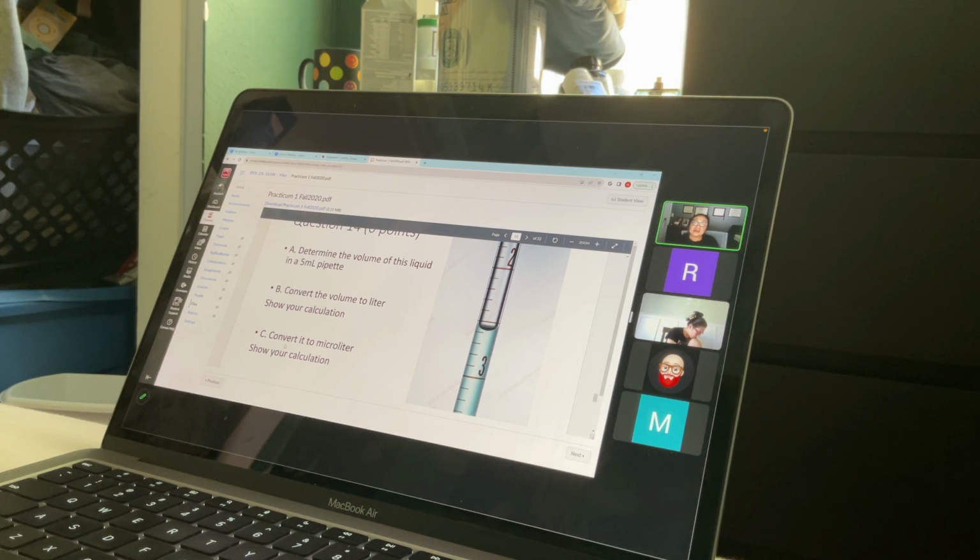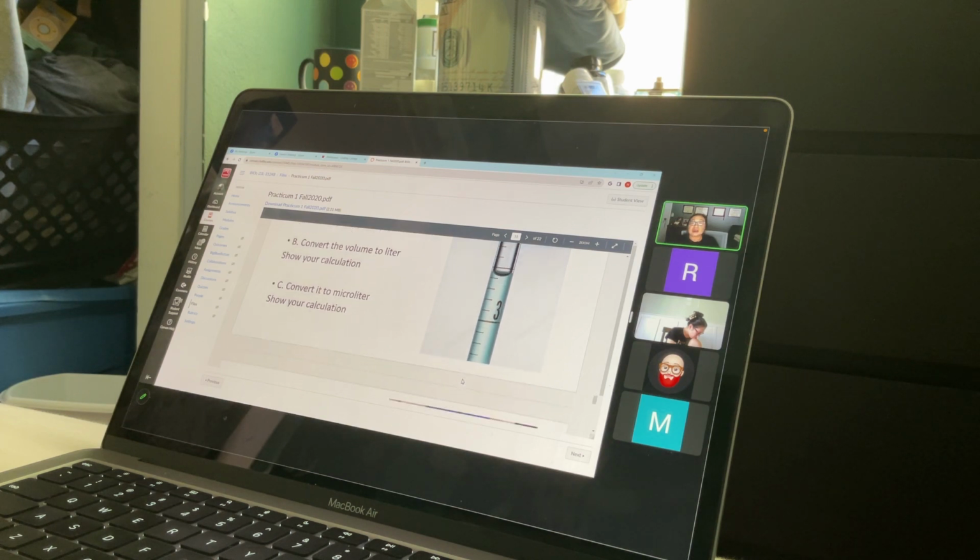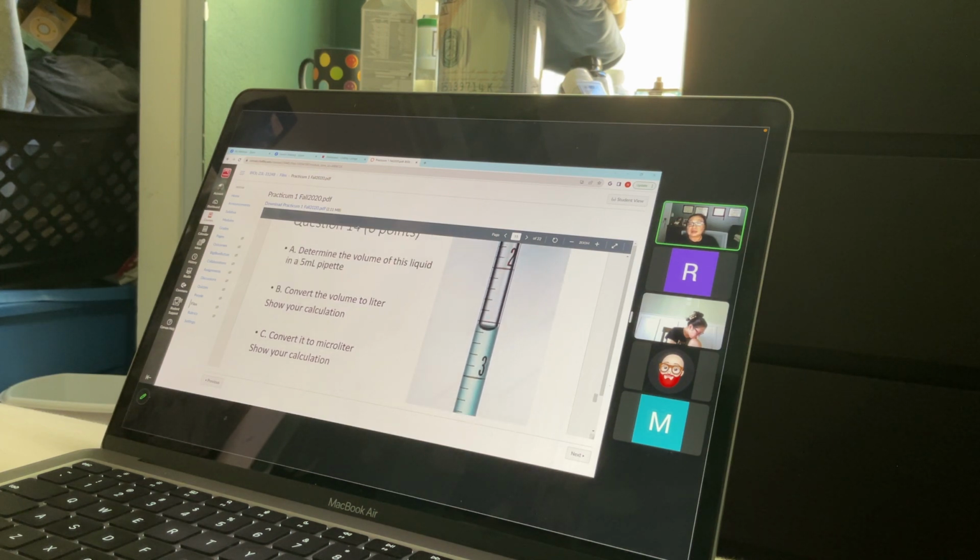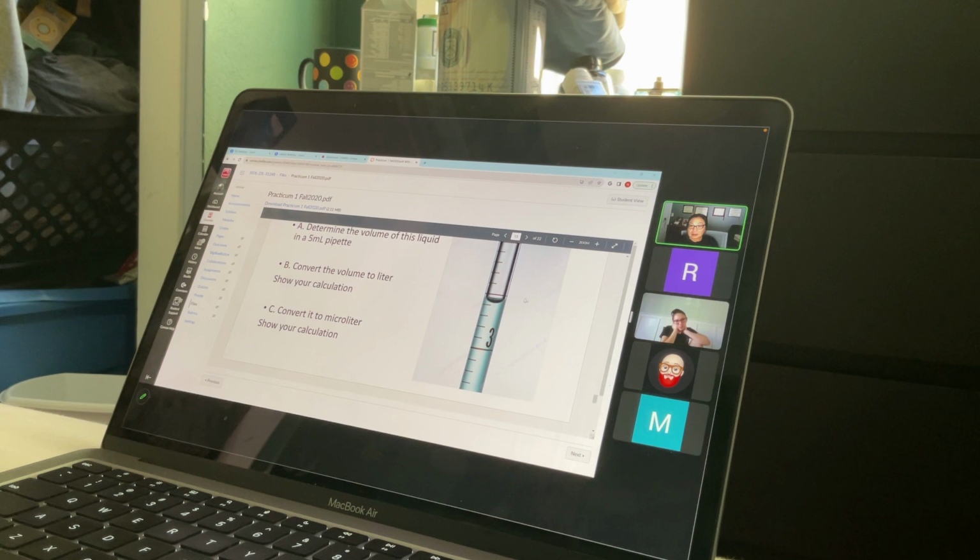This is determining volume. Okay, so same as the quiz. Do you guys know how to do volume? You either count up or you subtract down. This is a 5 ml pipette, and I'm at the 3.